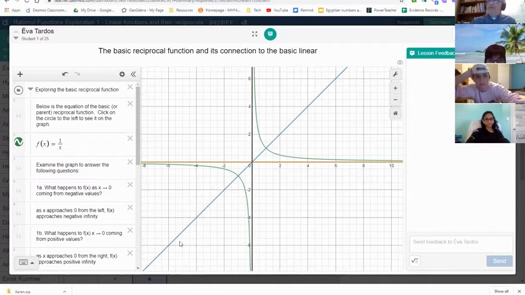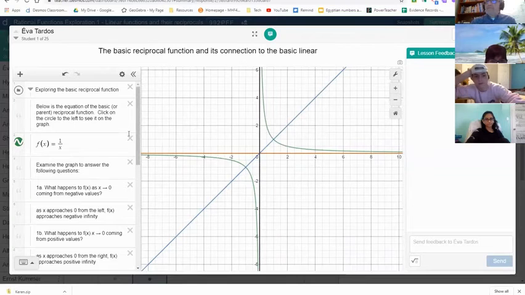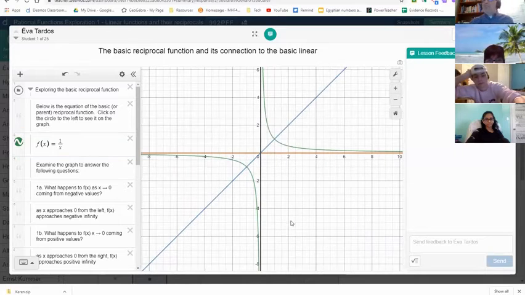So our linear function is always increasing. And take a look at our rational function. Here it is decreasing. And what about here? It's also always decreasing. So those two concepts are critical for what we're going to be working with.